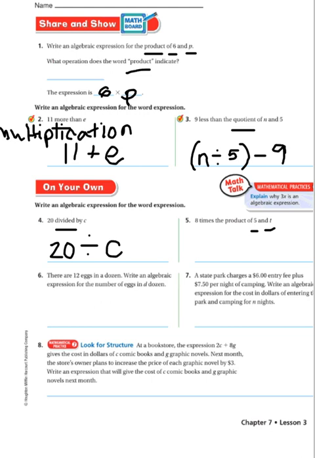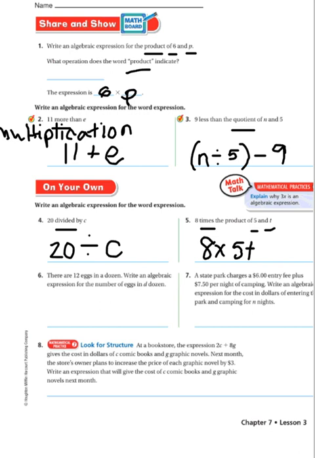So 8 times the product of 5 and t. 8 times the product of 5 and t. So 5 and t are going to be multiplied together, but I'm just going to put them right next to each other and not put a sign in between them, because I know that still means that I need to multiply them.